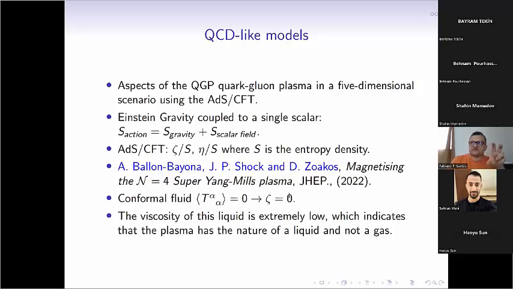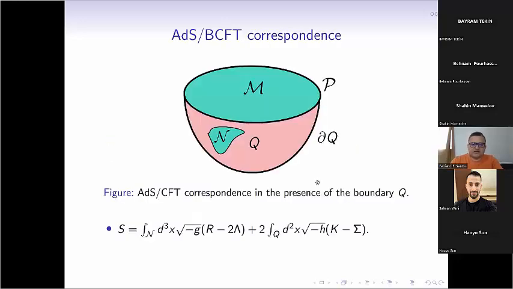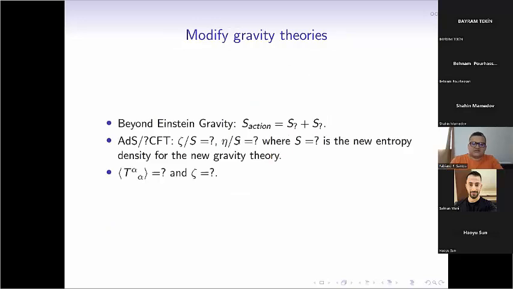But if we consider another theory of gravity, what happens? We change the gravity side and we change the boundary side. And with this, we can see what happens with the transport coefficients, like the shear viscosity and bulk viscosity.